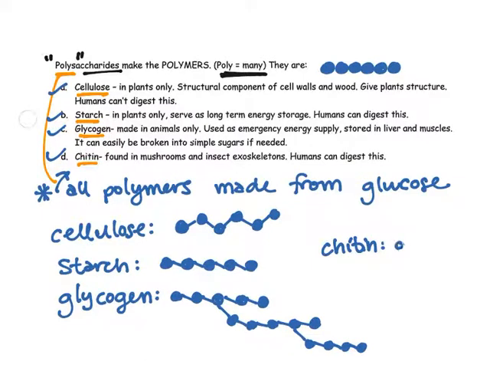Chitin's more like that. And there's also some nitrogen and N groups incorporated in there. Which is pretty cool. But all of these are made from glucose, and we give them different names because the way in which they're bonded to each other is different.